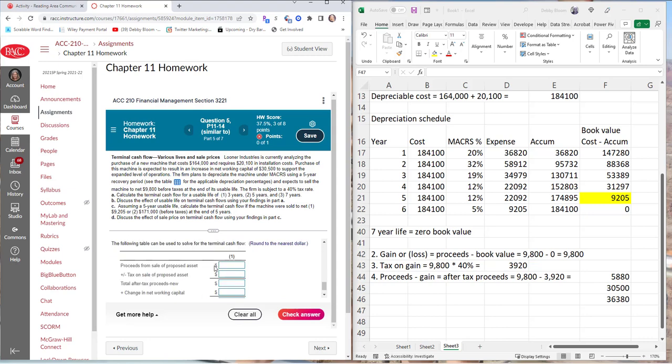Let's move on. In Part C, assuming a 5-year usable life, calculate the terminal cash flow if the machine were sold to net 1, $9,205, or 2, $171,000 before taxes at the end of the 5 years.